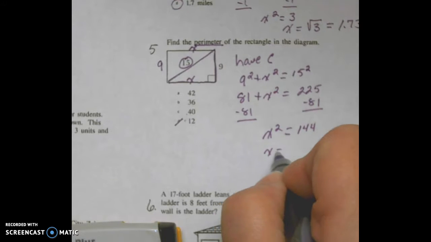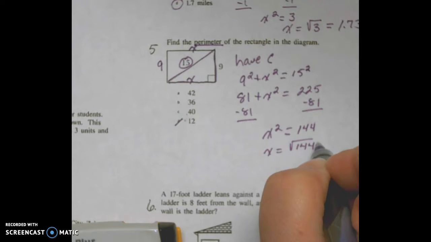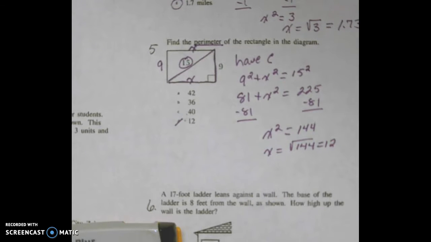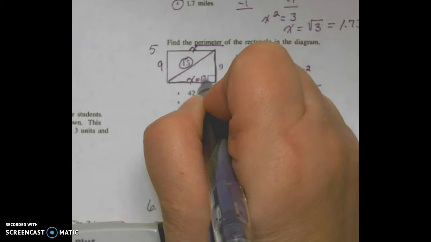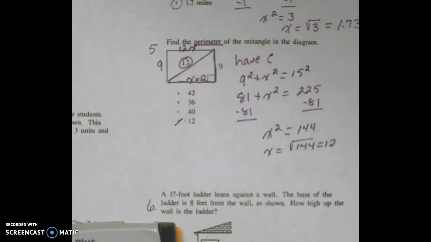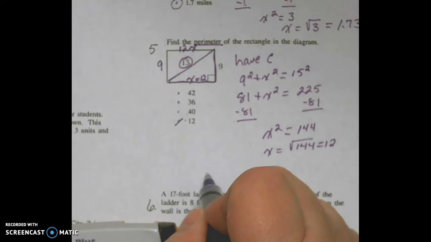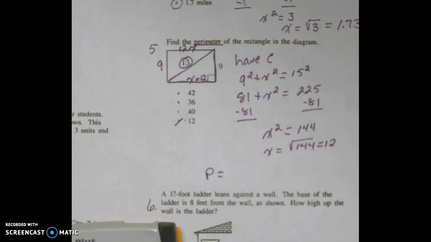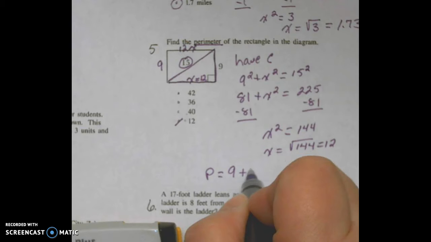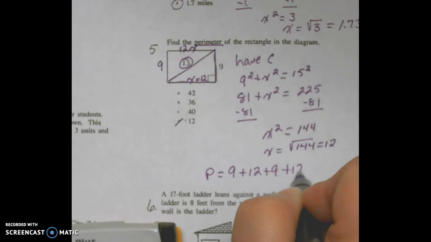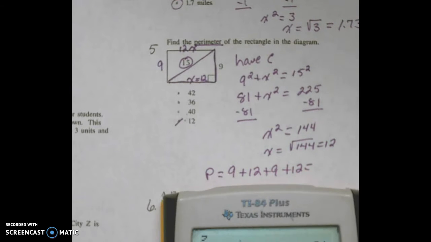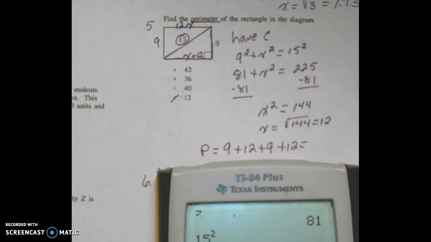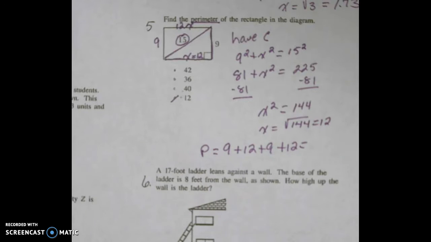And to find x, I take the square root of 144, which is 12. Notice that 12 is the value of x. It's not the answer to my question. We've already eliminated that as an answer to the question. To find the perimeter, I'm going to add all the outside edges together. The 9 plus the 12 plus the 9 plus the 12. And that'll give me 42 for my perimeter.